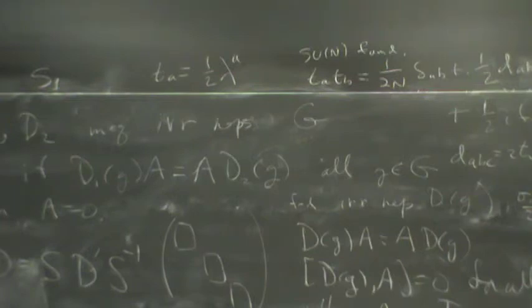Multiplying through by 4, what we get is sigma^A sigma^B equals delta^AB plus i epsilon^ABC sigma^C. This is the thing that you want to write down somewhere for Pauli matrices.